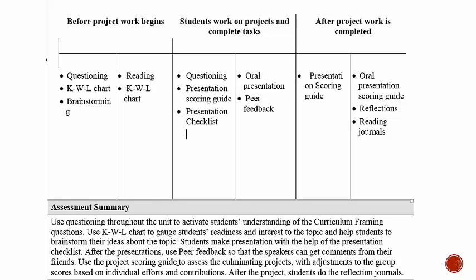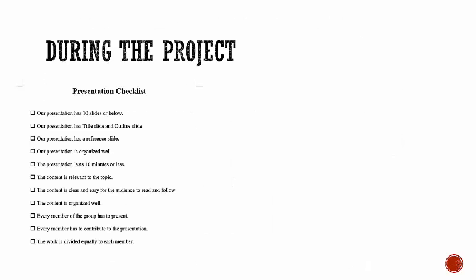When the student work on project, I will give them the topic, how important are hobbies to people. This is also the unit question, and they will prepare for their presentation based on the presentation checklist here, and those are the requirements for the presentation, and it will help the student prepare their presentation.